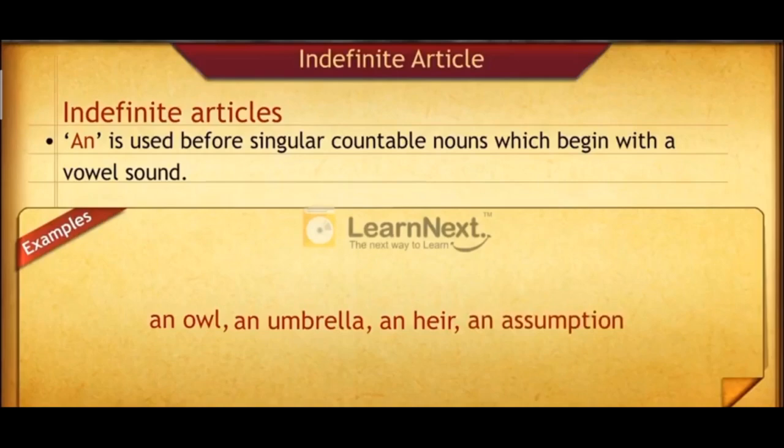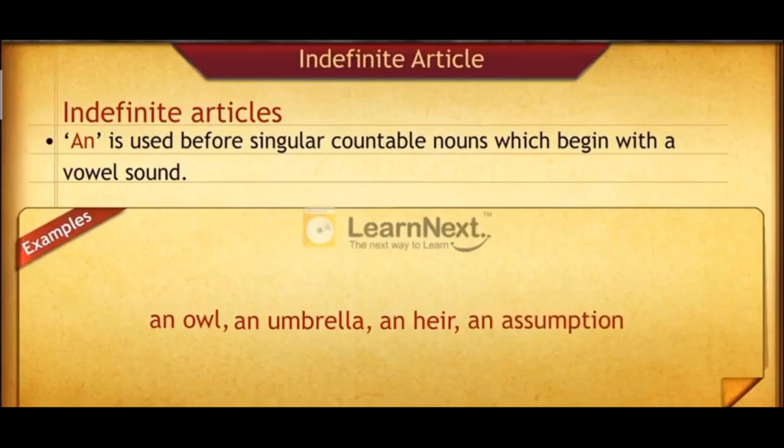So before singular countable nouns जिसको हम काउंट कर सकते हैं और जो एक vowel sound के साथ शुरू होते हैं. In the third word you can see owl और umbrella के बाद an hour. Here the h is silent. H is not a vowel, you know that very well. A, e, i, o, u, these are vowels. But why are we using an before h?